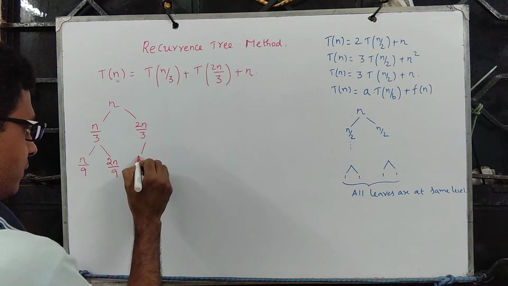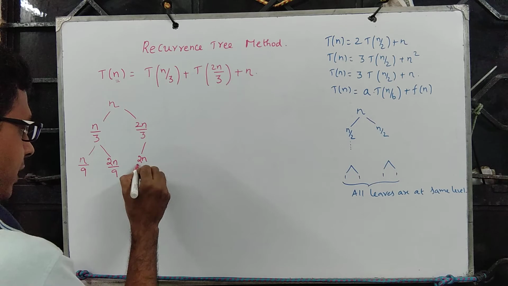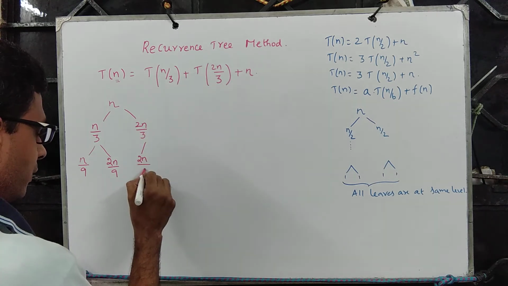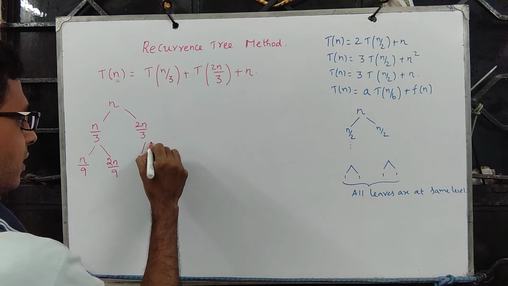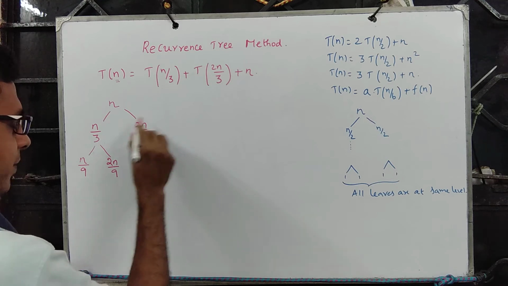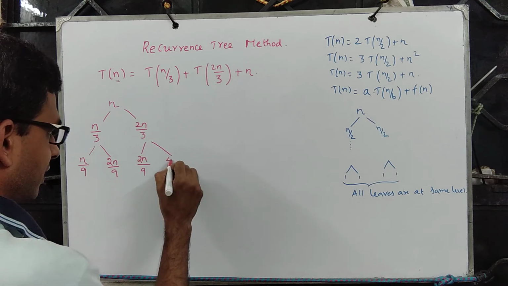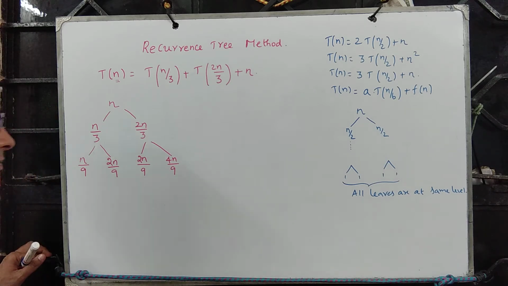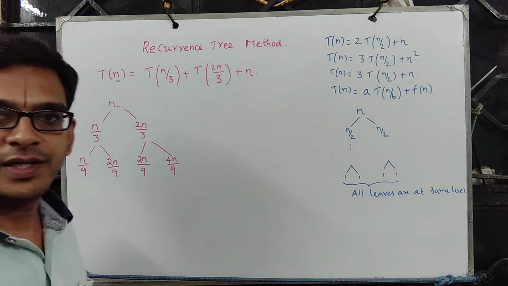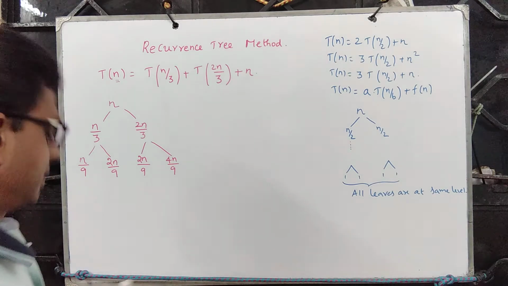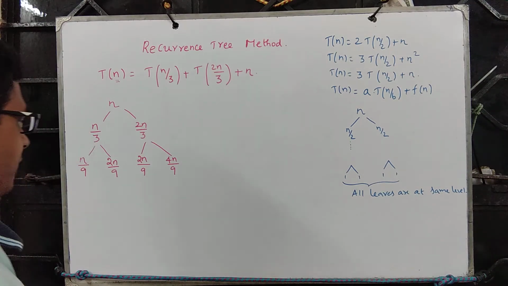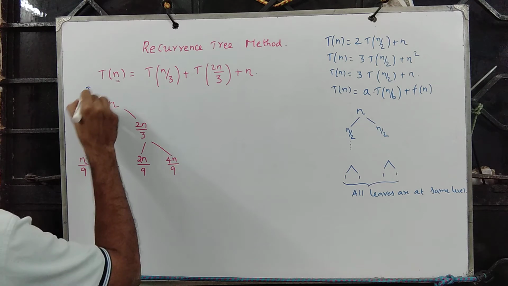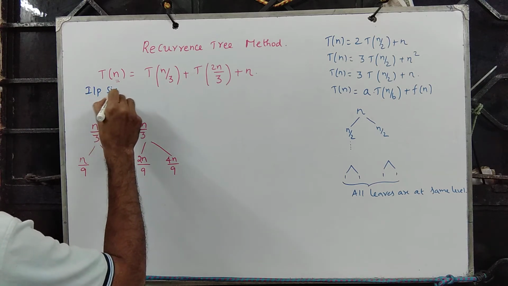On the other side, n by 3 of this will give you 2n by 9, and 2n by 3 of this will give you 4n by 9. Fine? And we keep doing this. This is what we do as part of the input size reduction tree.